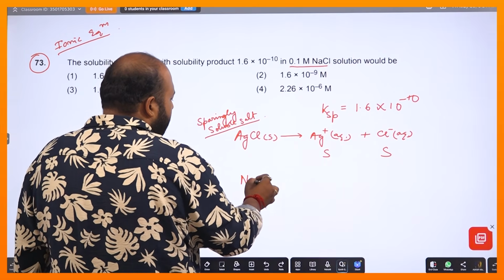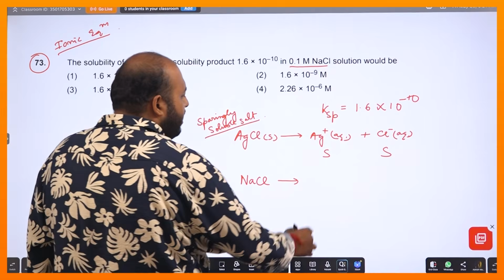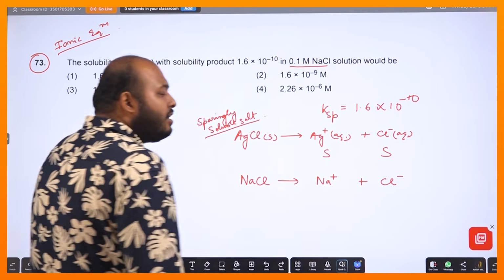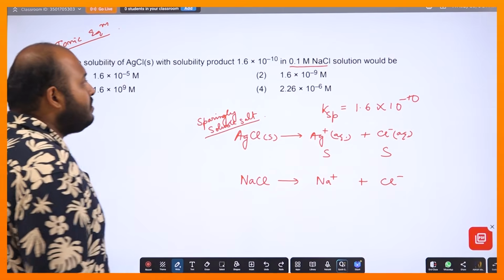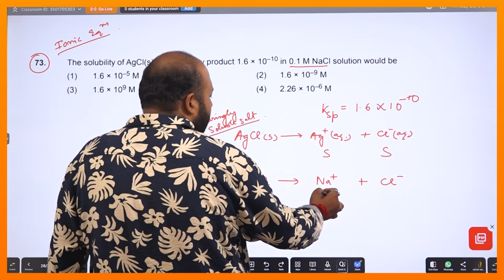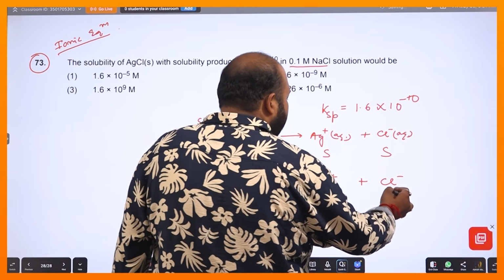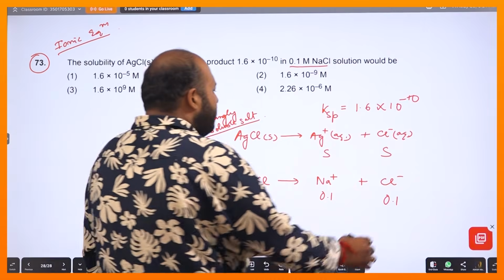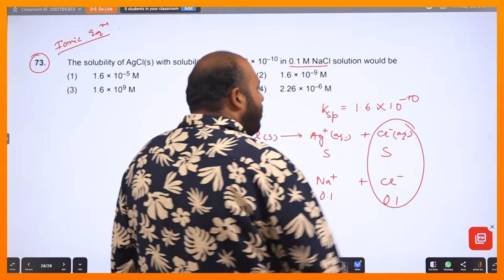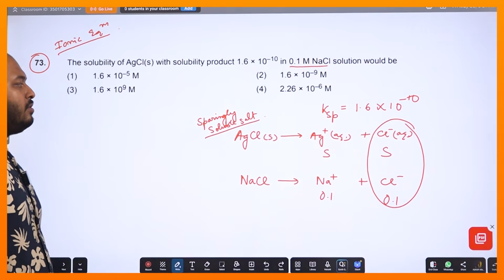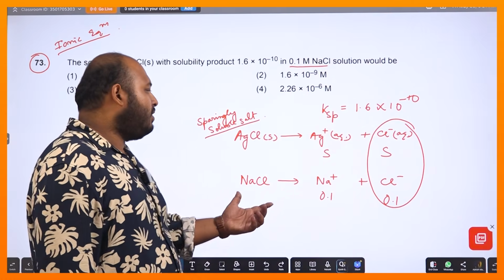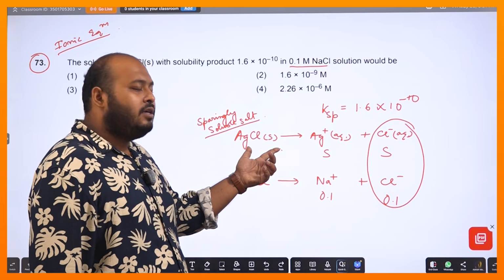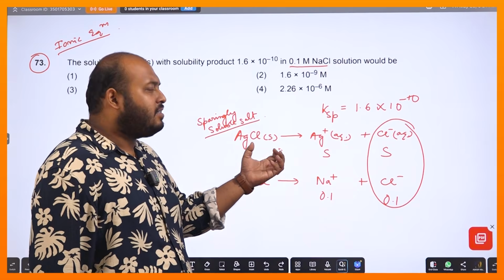So NaCl is a strong electrolyte and it will also get ionized to Na plus and Cl minus. So for 0.1 molar, both the Na plus and the Cl minus will be formed 0.1 molar each. So you can see that there is a common ion between these two salts, that is chlorine. So for this case, the solubility or the ionization of the AgCl or the sparingly soluble salt will get suppressed.